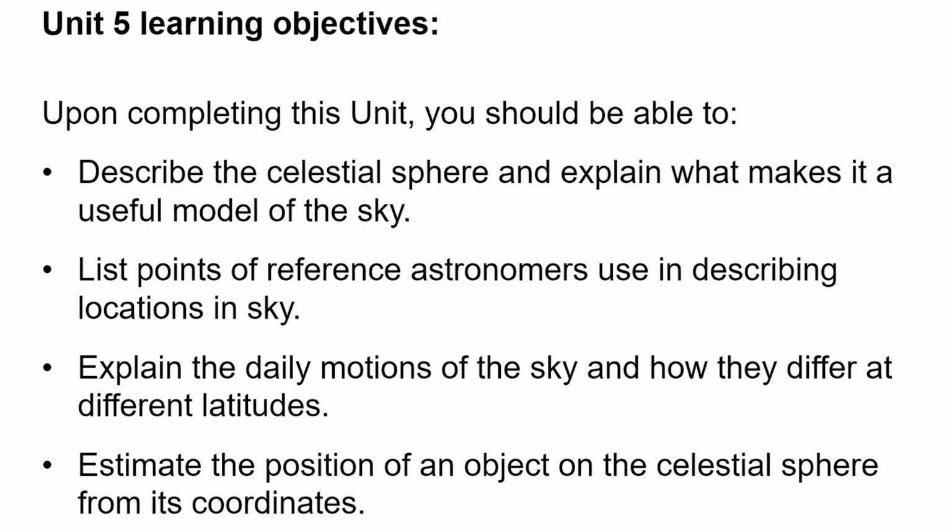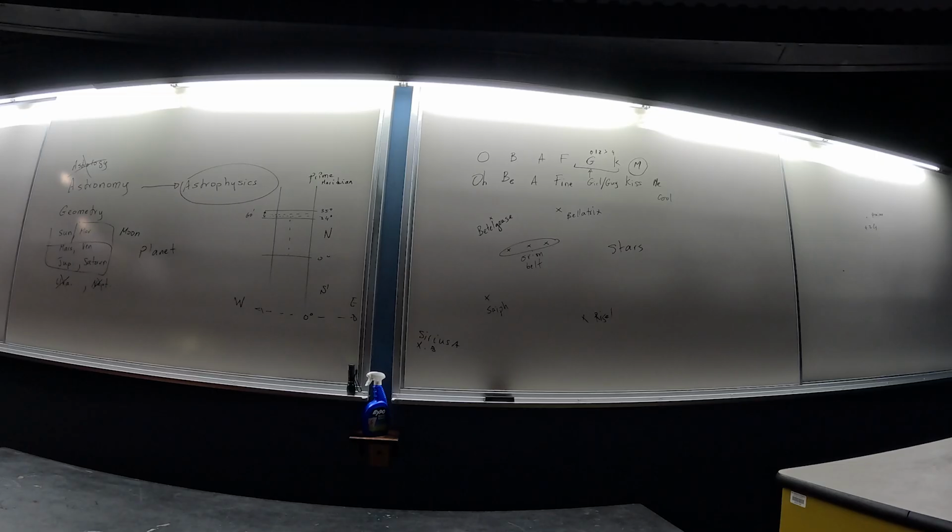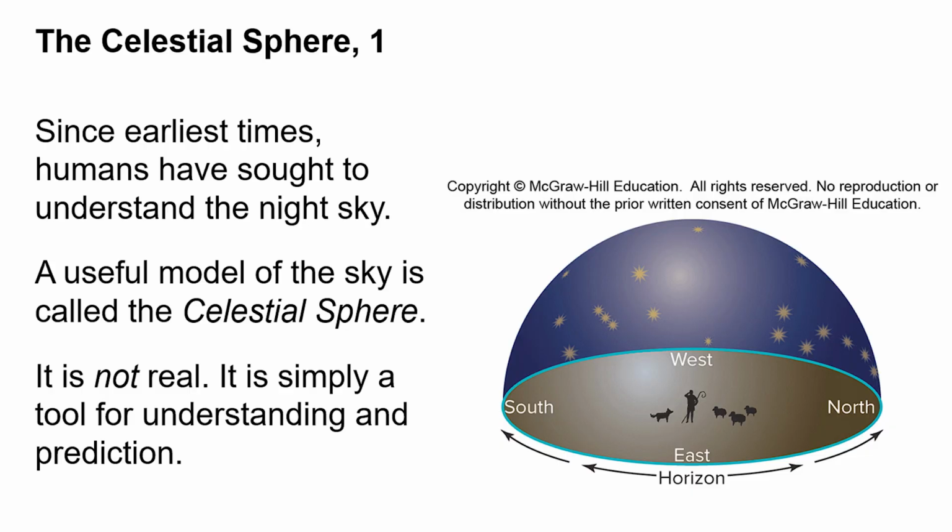One concept that we're going to be looking at is the celestial sphere. If you go out tonight, the sky looks like a big dome. And if you look at the horizon, anywhere on the horizon, that is actually your zenith. I'm sorry, I made a mistake here.